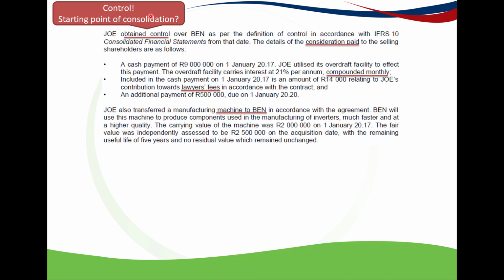Will NCI be on the combined trial balance? No. Will Goodwill be on the trial balance? No. Will any IFRS 3 required adjustments at acquisition be reflected on the combined trial balance? No.